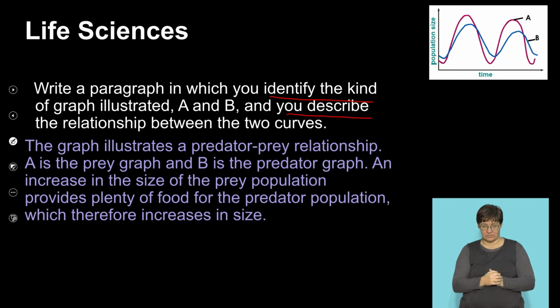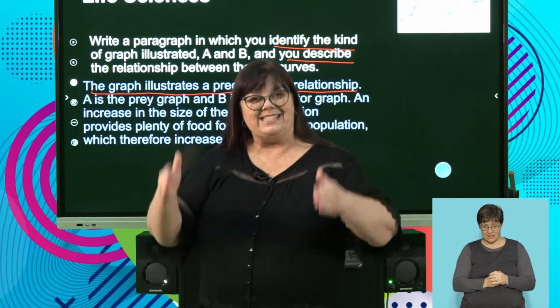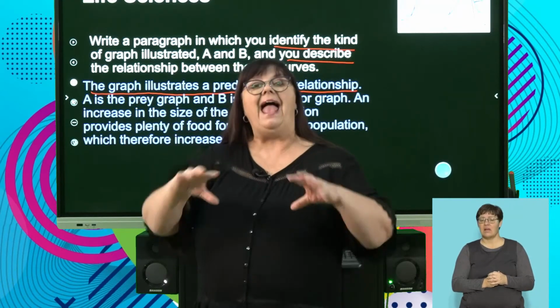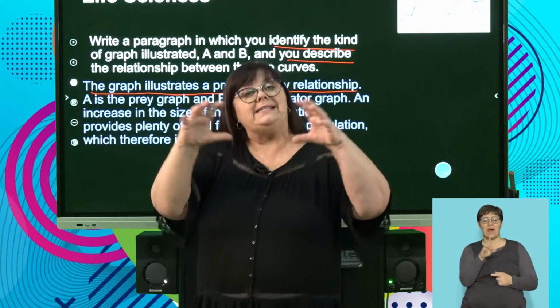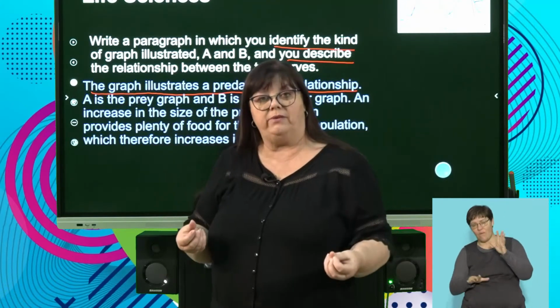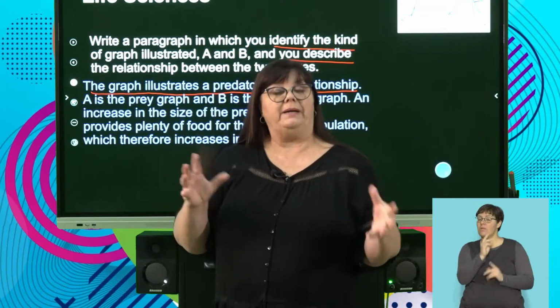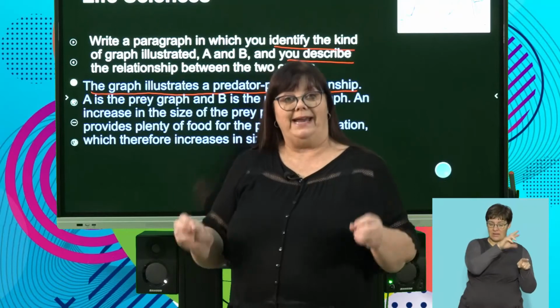Here is my topic sentence. The graph illustrates a predator-prey relationship. A nice, short, simple sentence. What it does is it gives us the focus of the rest of the paragraph. We understand that the rest of the paragraph is going to be about predator-prey relationships.